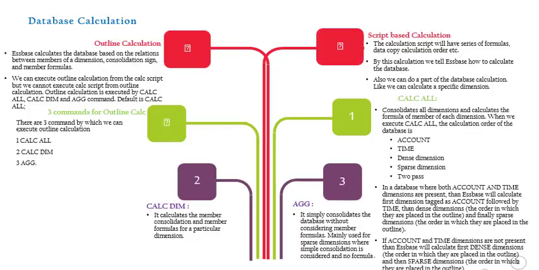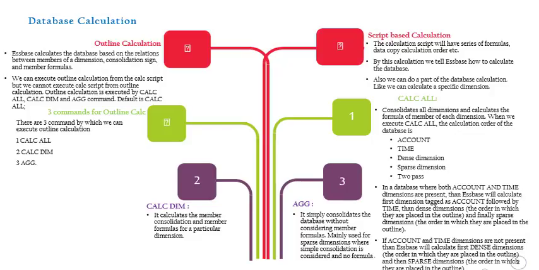There are three commands by which we can execute outline calculation: calcall, calcdim, and aggregate. Default is calcall. Calcall consolidates all dimensions and calculates the formula of members of each dimension.